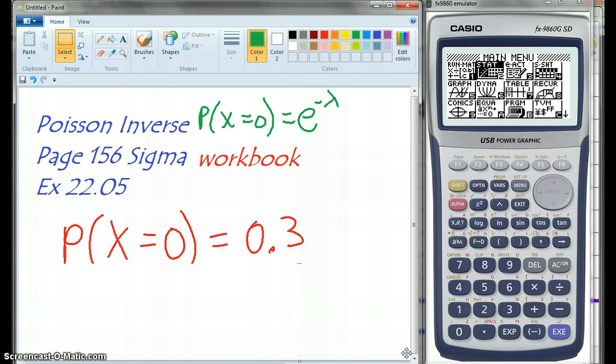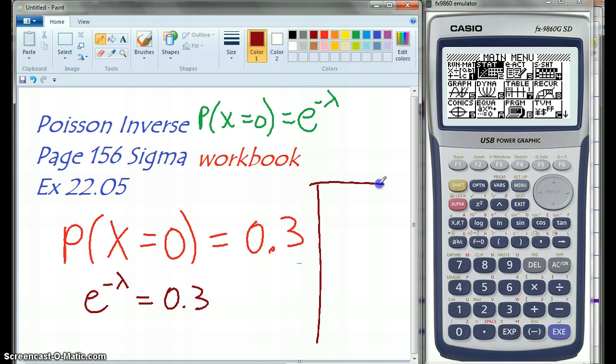So what that tells me is e to the negative lambda equals 0.3. Now I need to think of logs, which I happen to love. Base to the power equals quotient, log b, quotient equals power.